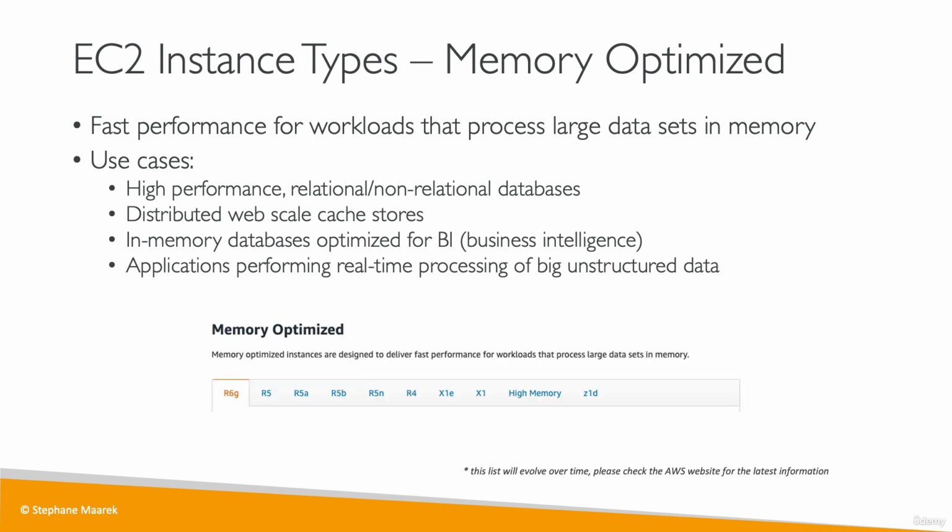For the memory optimized instances, there's the R series because R stands for RAM, but there's also X1, high memory, and Z1. Again, you don't need to remember the names of the instances, but it's good to know at a high level.